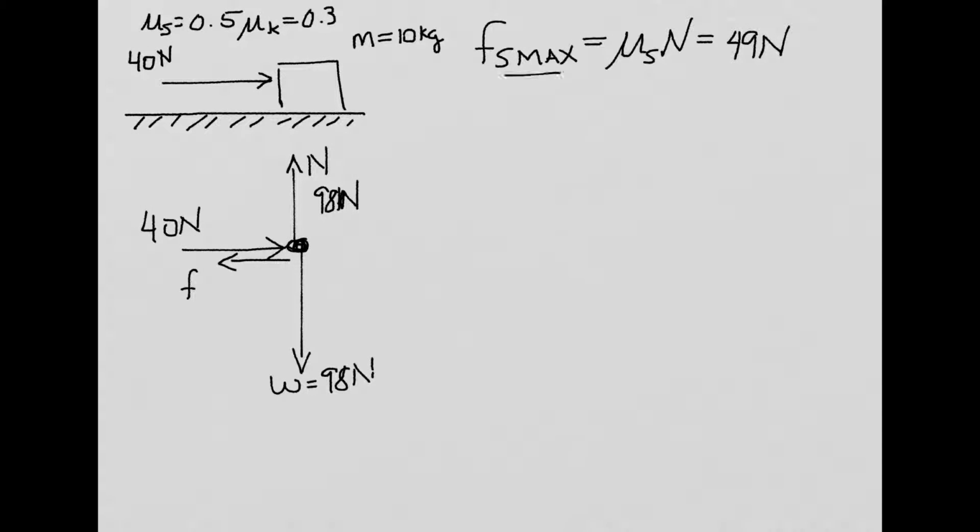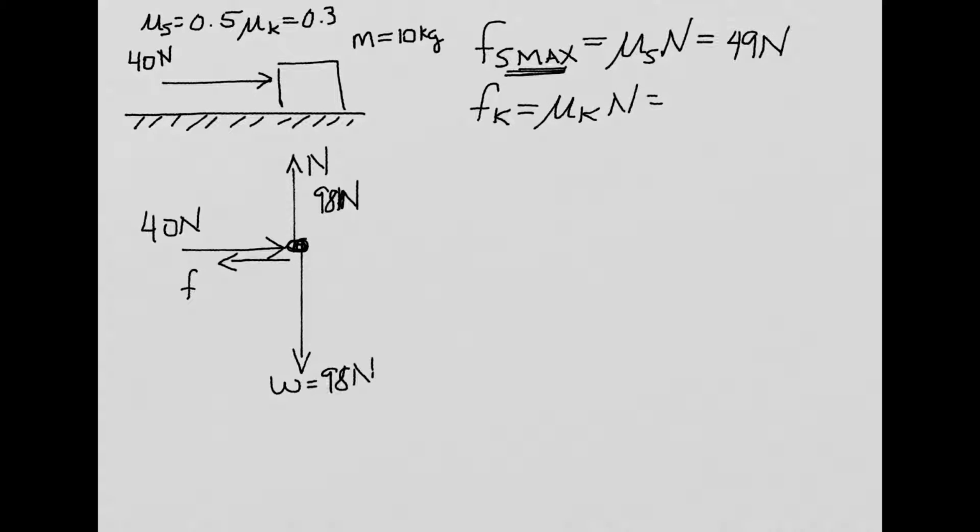Now it's important to note that this is the maximum available static friction. That doesn't mean that that's what the frictional force is. I can also calculate the kinetic friction, if the object does move. That would be mu k times N, which is 98 times 0.3.